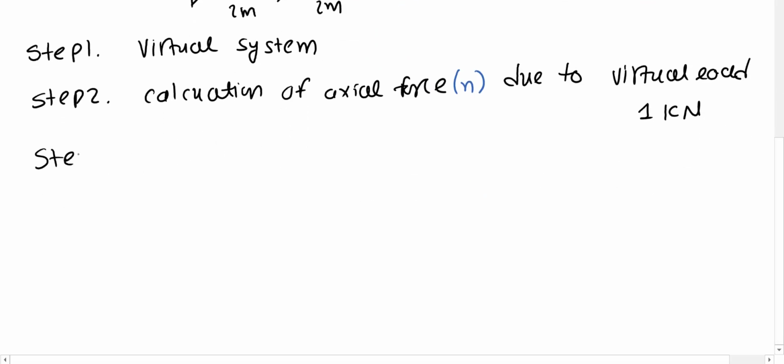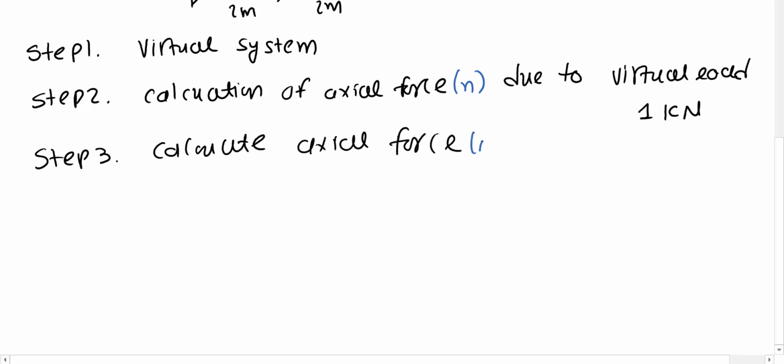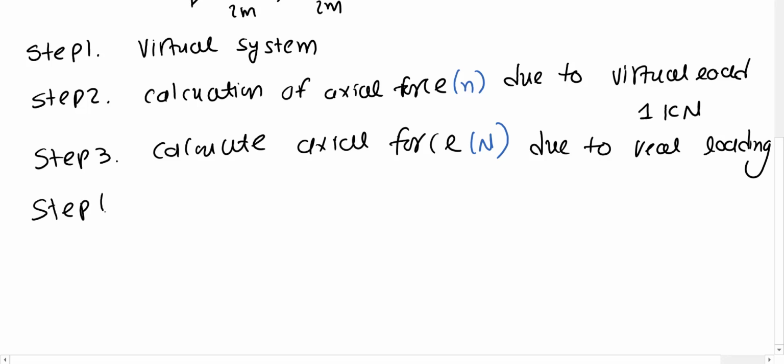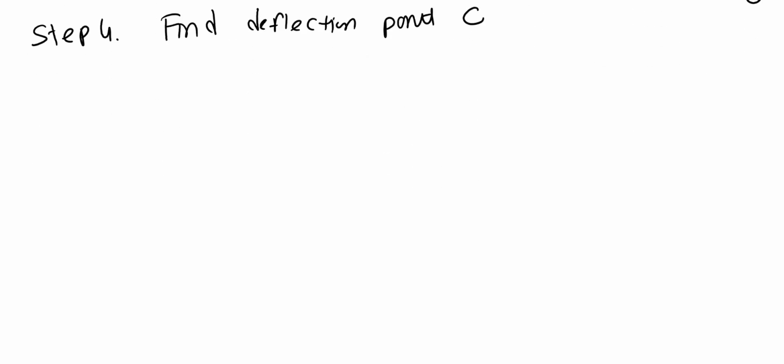Step 3, we're going to calculate axial force, and that is capital N. Capital N represents the force due to real loading on the truss. And step number 4, we're going to find the deflection at point C. So these 4 steps we're going to follow. So let's draw the virtual system first.